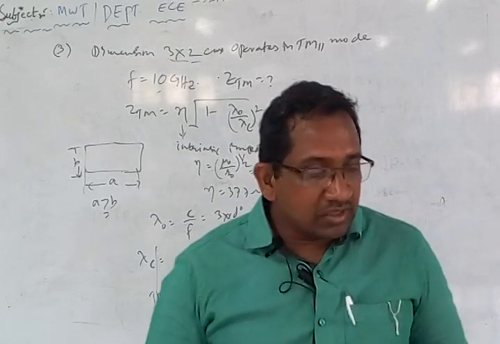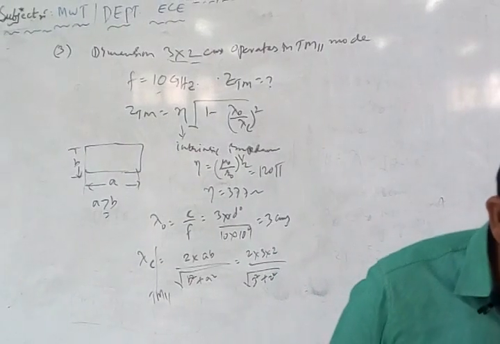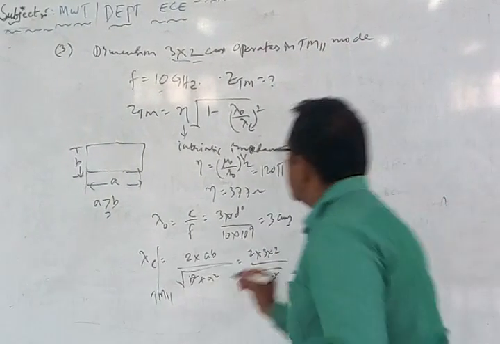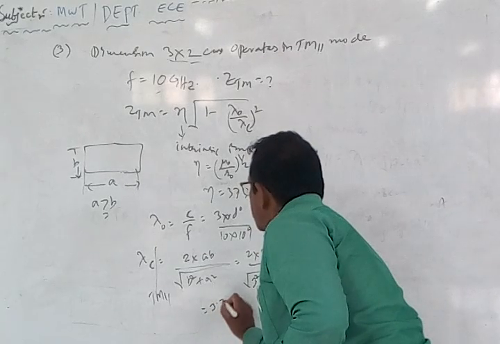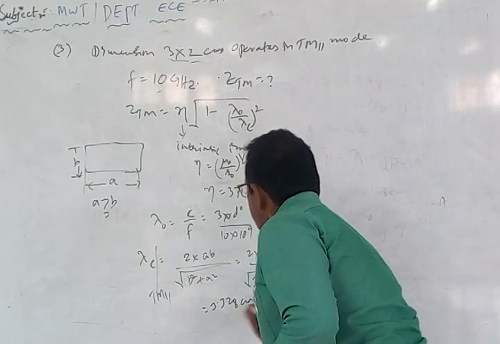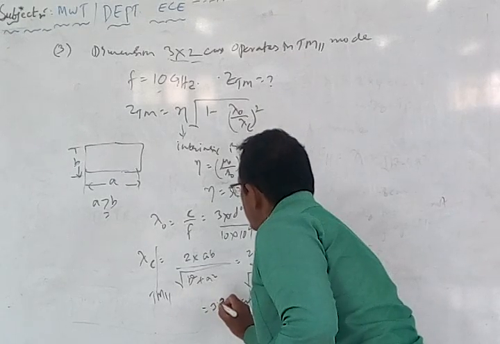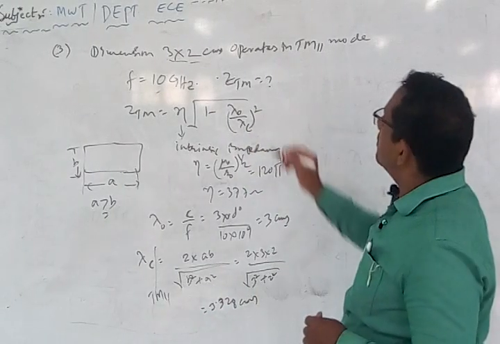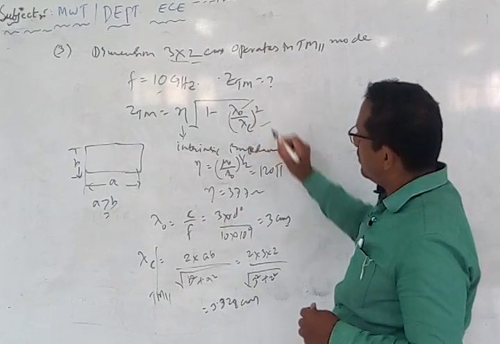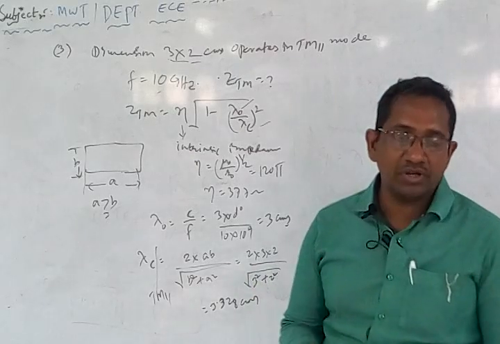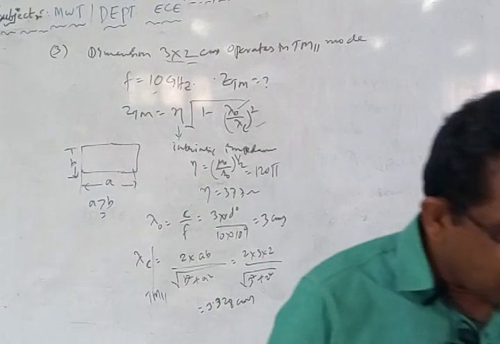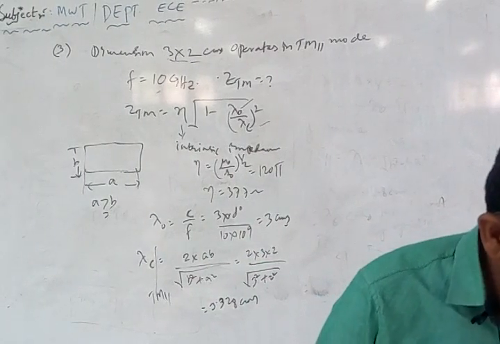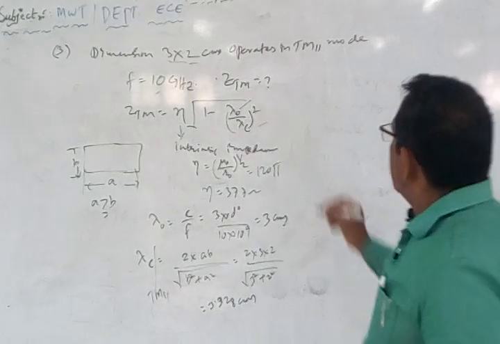When you calculate that value, you will be getting 3.328 centimeters. So that is the value for cutoff wavelength, lambda C. Now we have got the value for lambda naught, and the value for lambda C for TM11 mode. Now we will simply substitute all these values for the characteristic impedance.